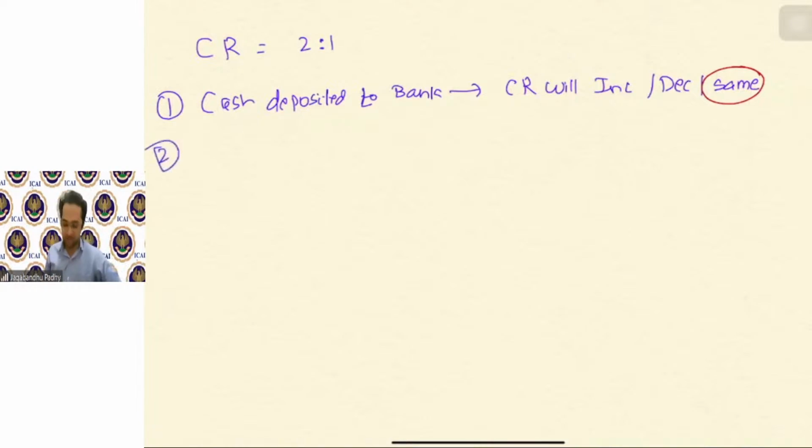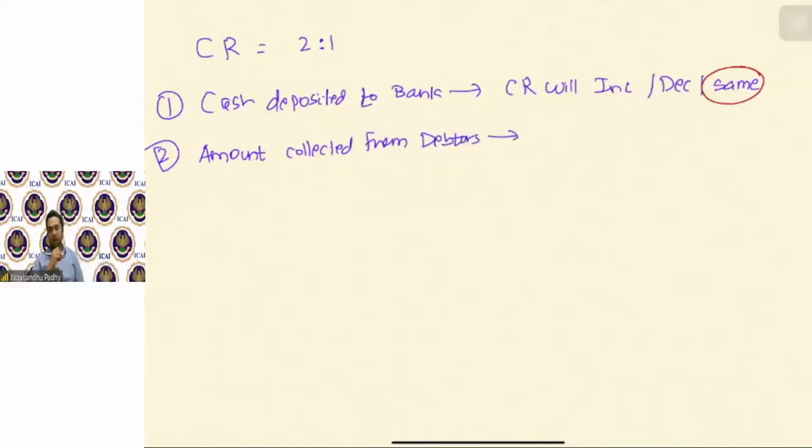Now, second one, let's say amount collected from debtors. There was some amount outstanding and you are collecting the amount from the debtors.